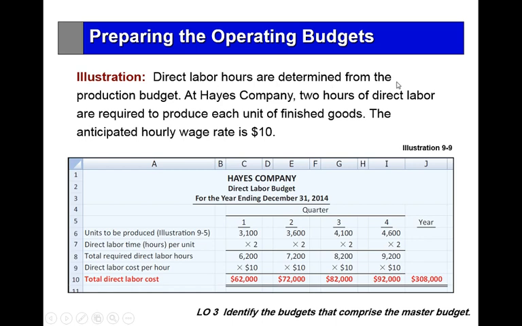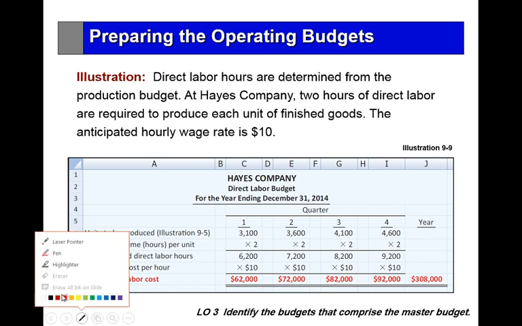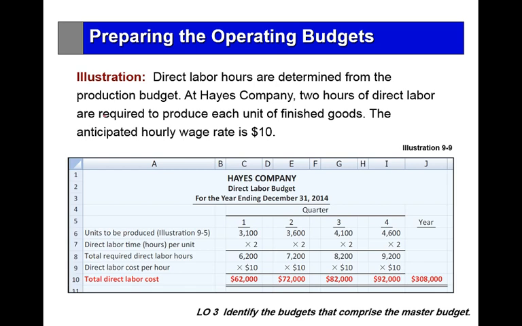Direct labor hours are determined from the production budget.